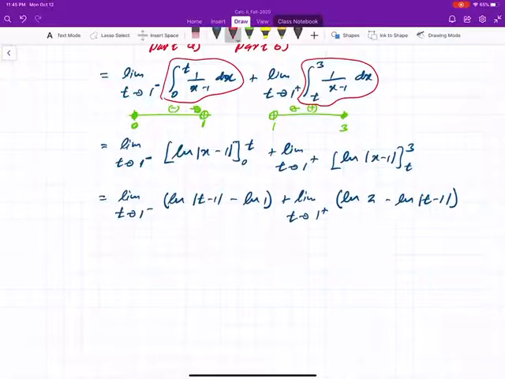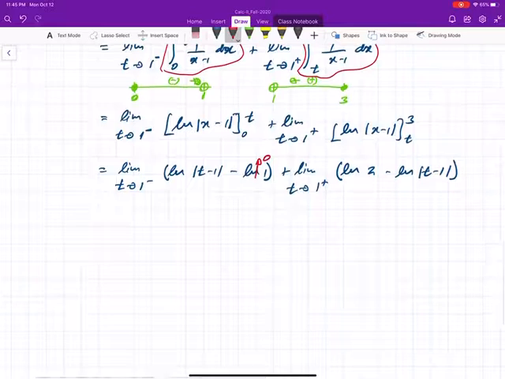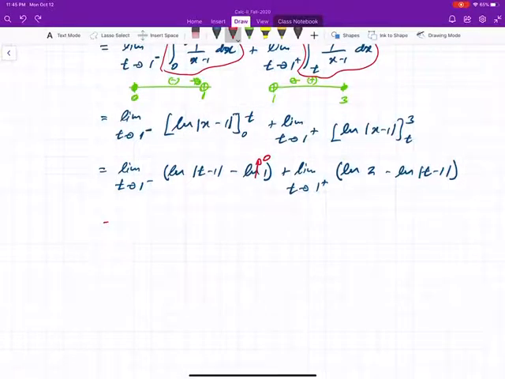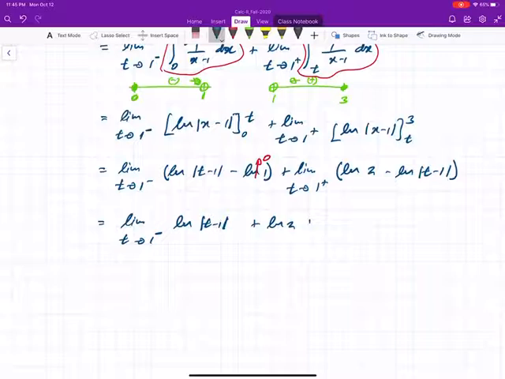Alright, you know ln 1 is 0. And then you have to find these quantities. This equals limit t goes to 1 from the negative side, ln |t minus 1|. Alright, then plus you have ln 2. You can take the limit part out from the ln 2 because that's independent of limit.